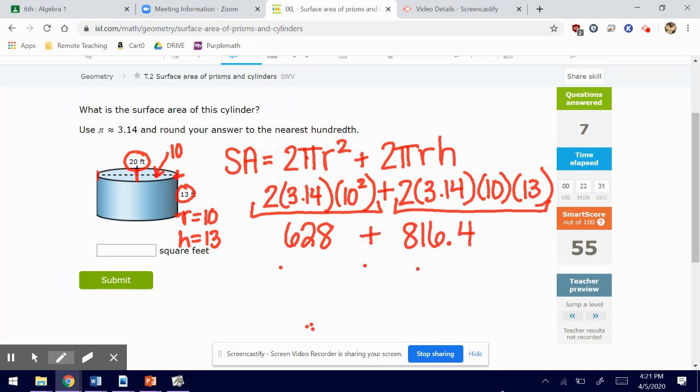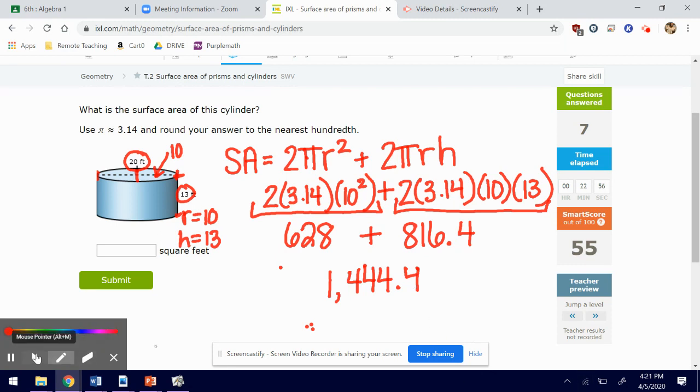Okay, and I'm going to add those two together. 628 plus 816.4 equals 1,444.4. That's a peculiar number, so I'm hoping that I didn't mess up somewhere and that it's right. 1,444.4.